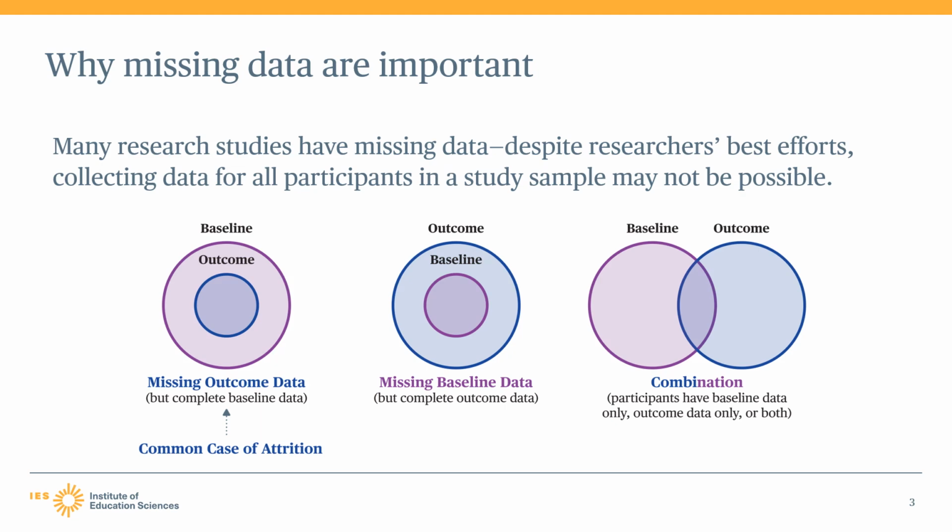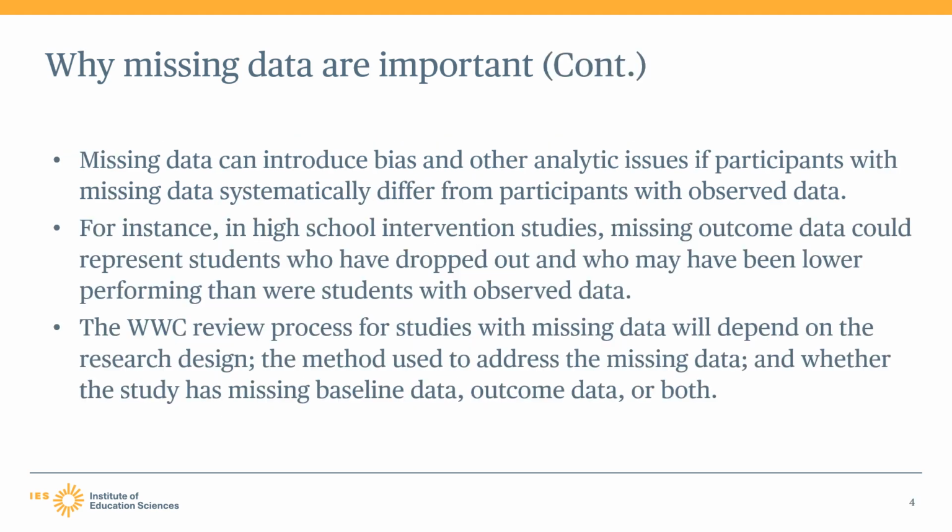Also, it is possible for research studies to have collected complete outcome data from all participants, but still have some missing baseline data. For example, some participants in the sample may have been absent from school on the day of the baseline data collection. And finally, it is possible for studies to have both missing outcome and baseline data.